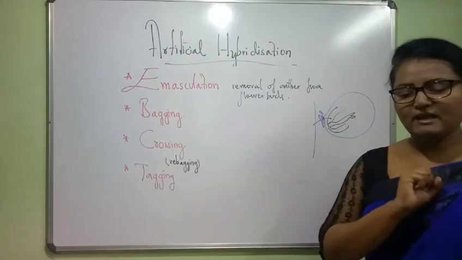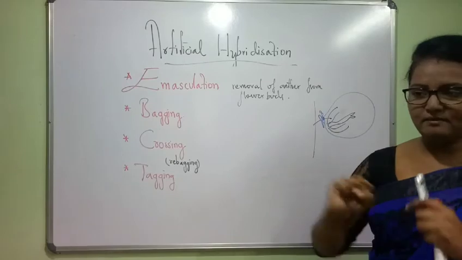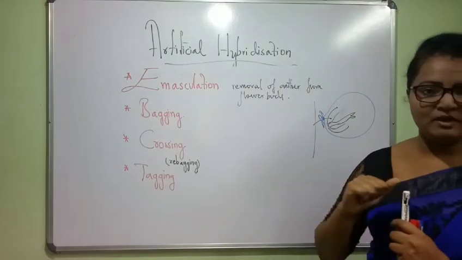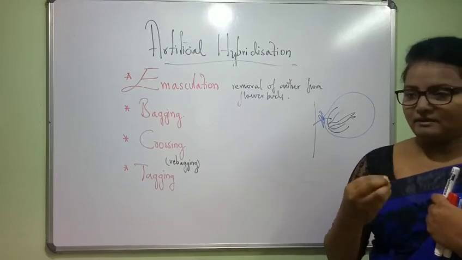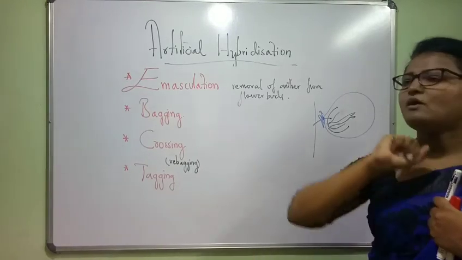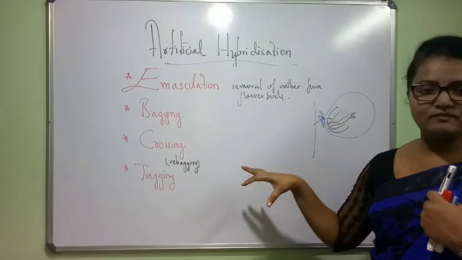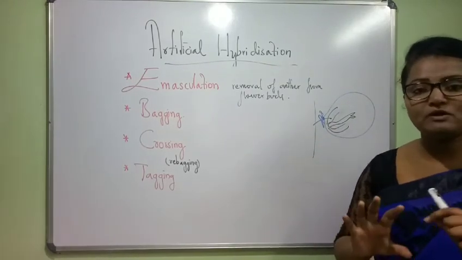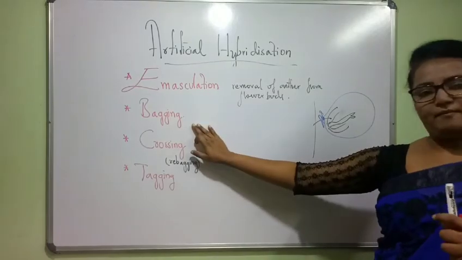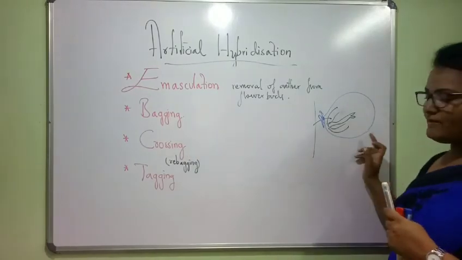From plant A, I need a character within plant B. So the anthers of plant A, my desired character, I am going to dust on plant B. For this reason, to avoid any cross pollination, they bag it with the polythene bag.